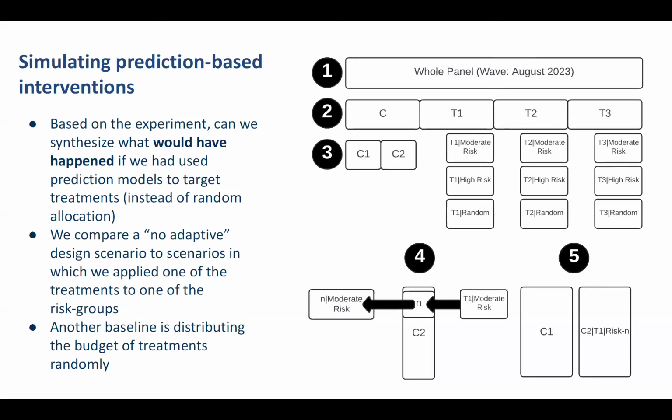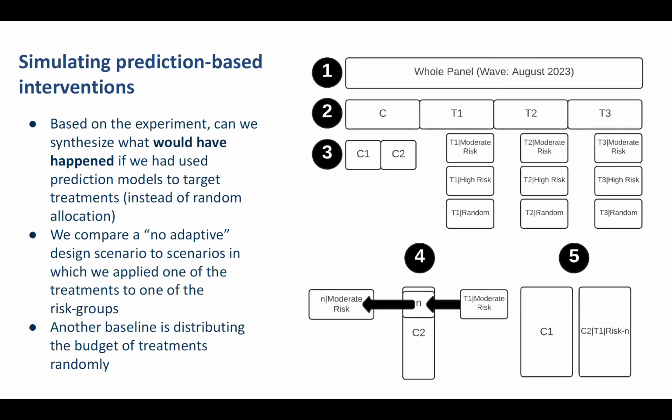Then there is a third piece to this, which is a particular baseline. I've just said that we're going to compare a scenario in which we did an adaptive design to a scenario in which we did no adaptive design. But we're giving out treatments to people, so we expect those treatments to have an effect. The question is, did targeting them with a machine learning-based propensity model actually help, or was it just the fact that we were giving out incentives?